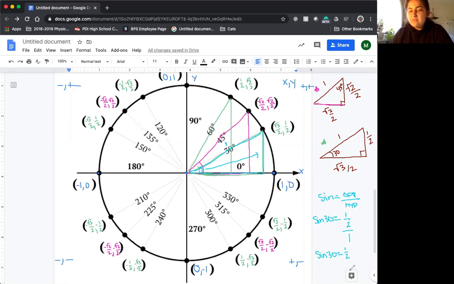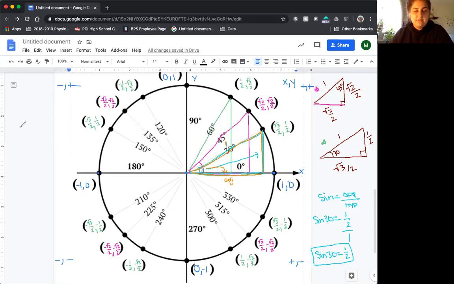Okay, so even if you type that into your calculator, you'll get 0.5 or 1/2, depending on the setting of your calculator, but it will always equal 1/2. Okay, so if I'm interested in the cosine of 30 degrees, I'm going to take this triangle again, but this time I only care about the adjacent, which is the side next to the angle of 30 degrees, so it's this little orange side, and the hypotenuse.